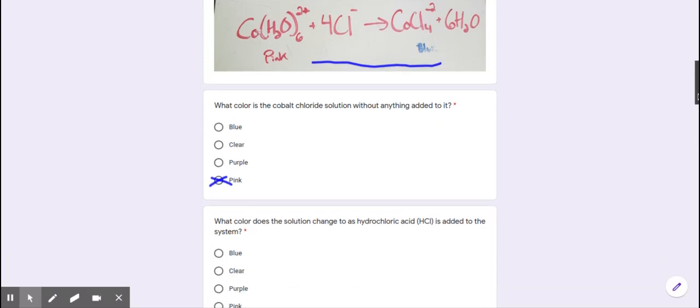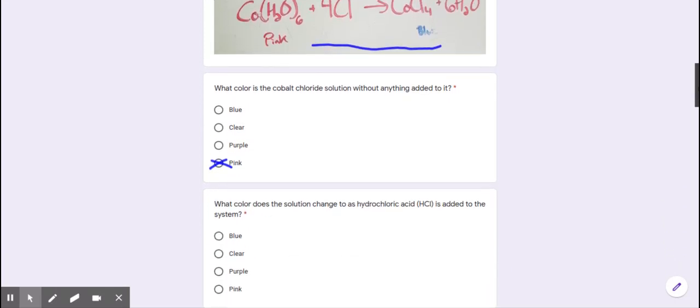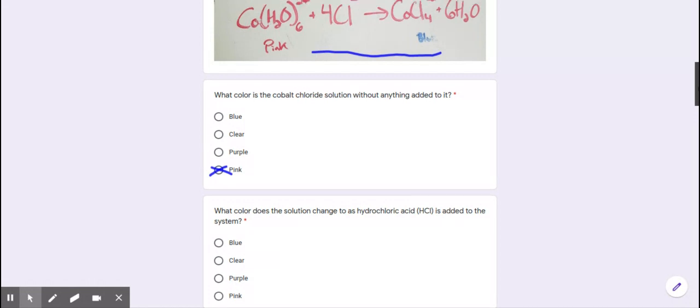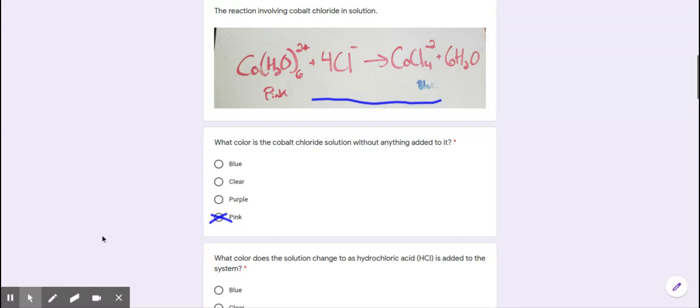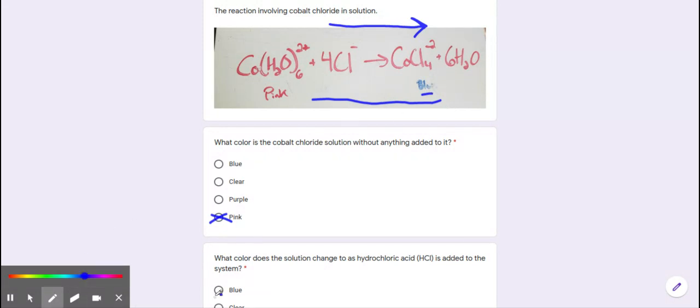Question number 2 says, what color did the solution change as hydrochloric acid is added to the system? Well, if hydrochloric acid is added to the system, adding chloride ions, the system is going to shift this way, and it's that blue color. So the second question was blue.